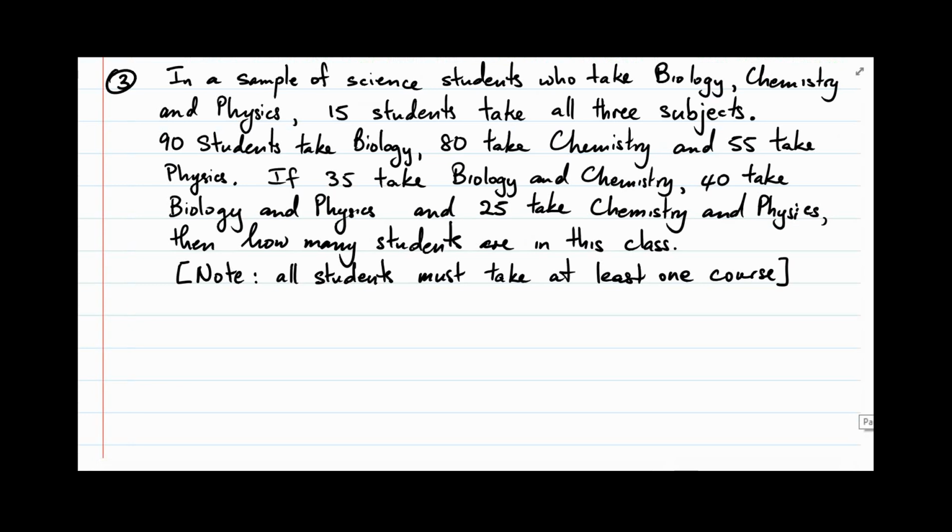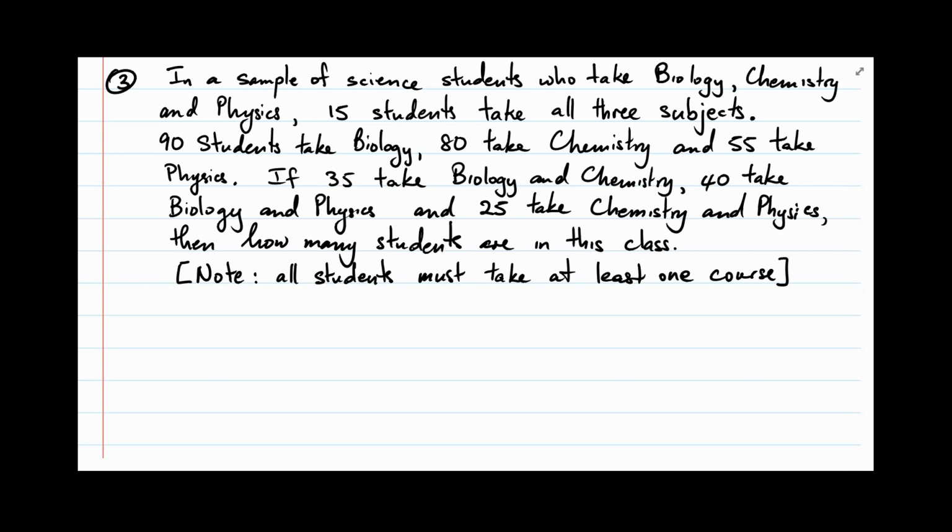All right, what we want to do now is look at a problem in which we are dealing with three different sets in our Venn diagram. If we read this problem: in a sample of science students who take biology, chemistry and physics, 15 students take all three subjects. 90 students take biology, 80 take chemistry, and 55 take physics.